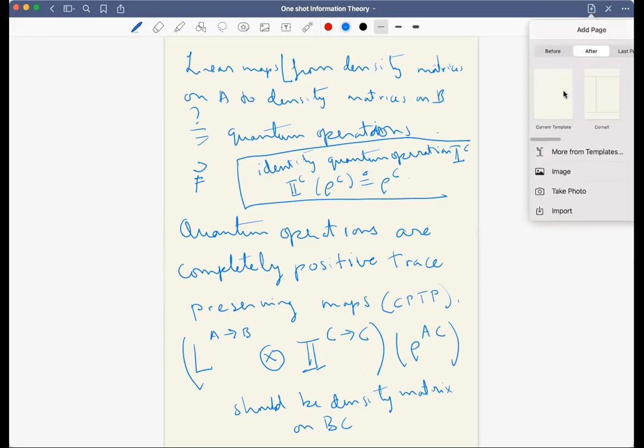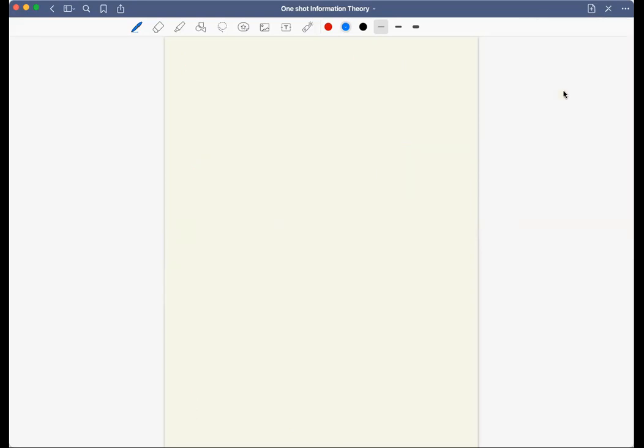Okay, so now we have defined all these entropic quantities, so let us really do some information transmission.